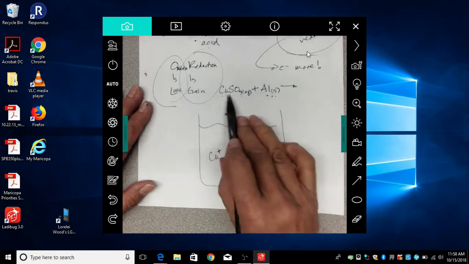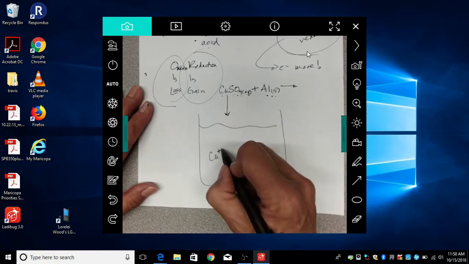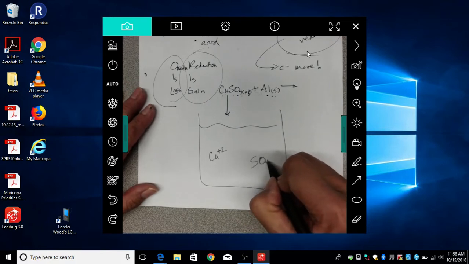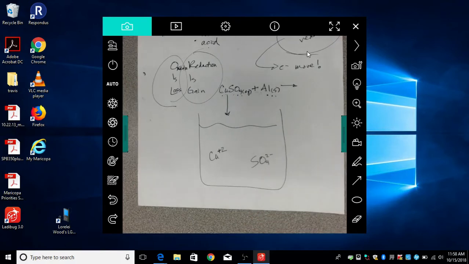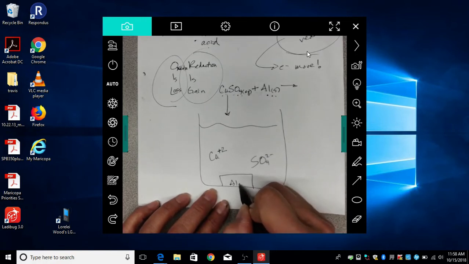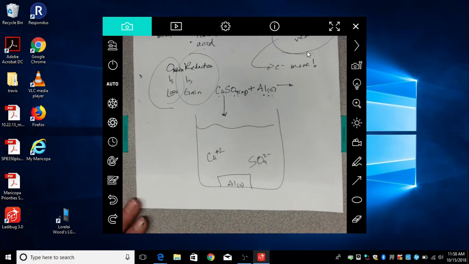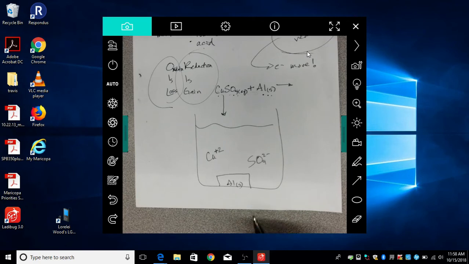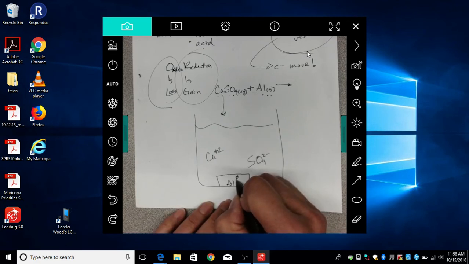Plus 2, since it's 1-to-1 with sulfate, and sulfate is minus 2. And then sulfate polyatomic ions are going to be in there. Then we're going to drop in our hunk of aluminum. Here's our aluminum solid. We'll say it's a pretty large chunk, so it floats down to the bottom of the container. Now the aluminum, whenever you have a metal in its solid state, has all of the electrons that it's supposed to have.